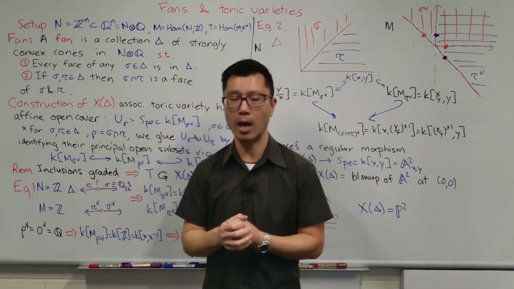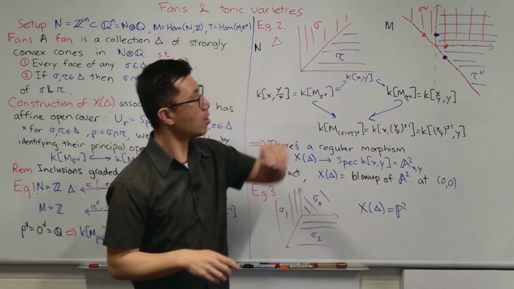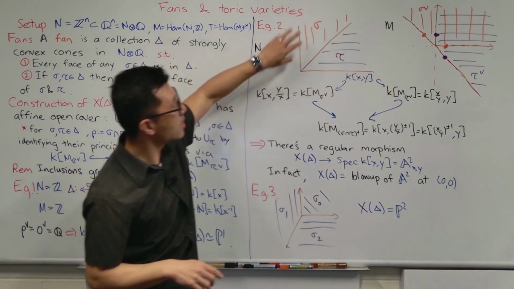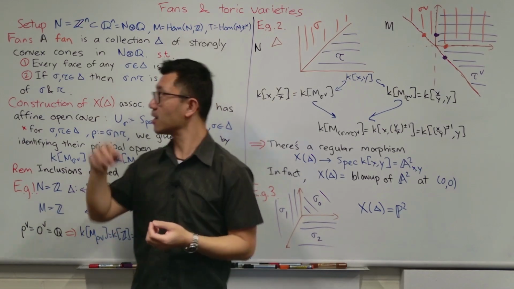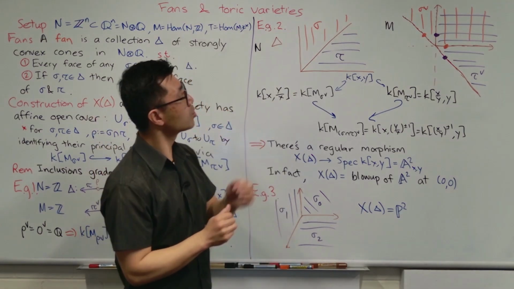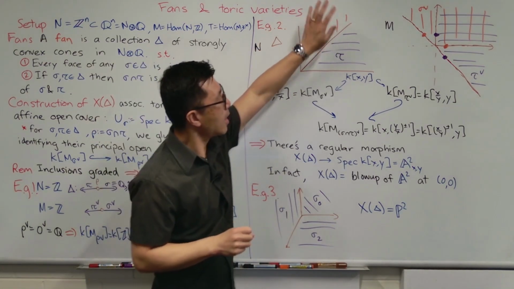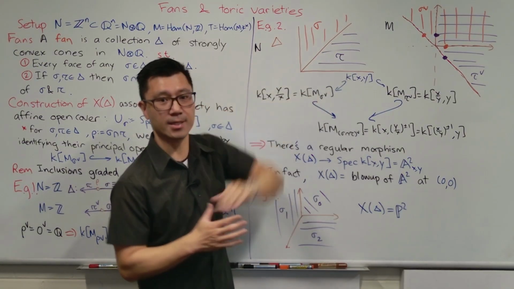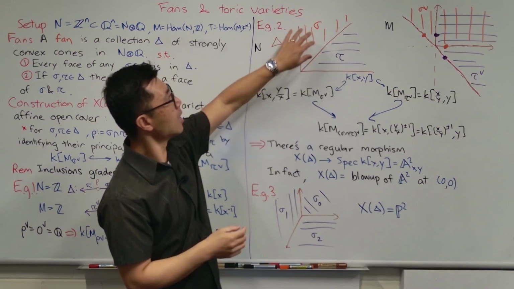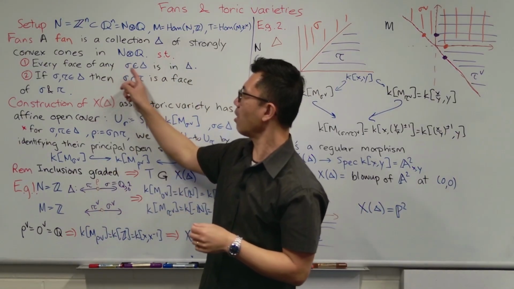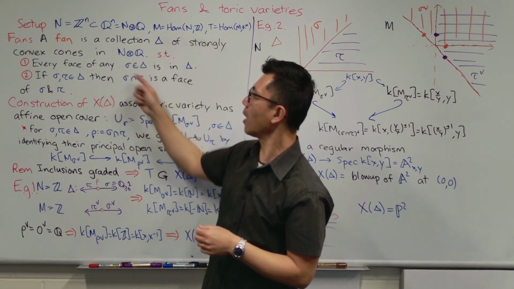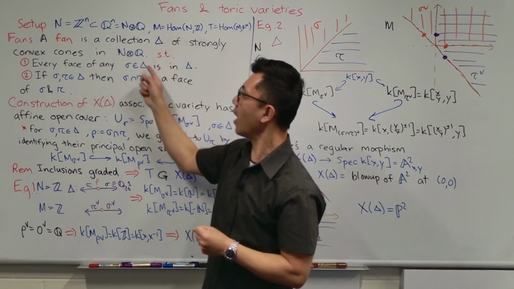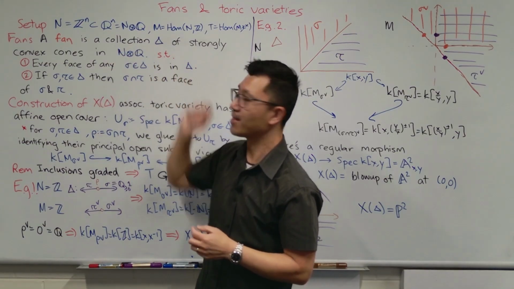Okay, so let's just look at a simple example. This diagram here is supposed to represent such a fan. What you'll see in this fan is firstly, you'll have two-dimensional cones given by sigma and tau. Remember each face of a cone inside that fan has to be a cone in that fan.